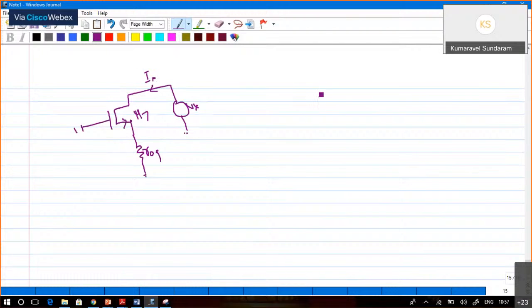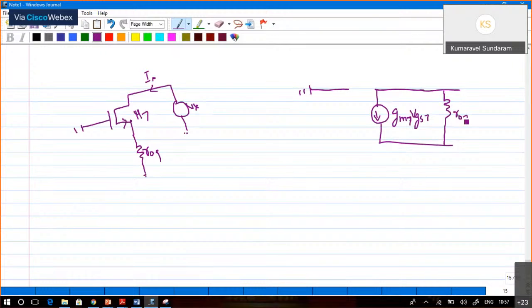So we will draw the small signal: GM7, VGS7, R07, Vx to R09.